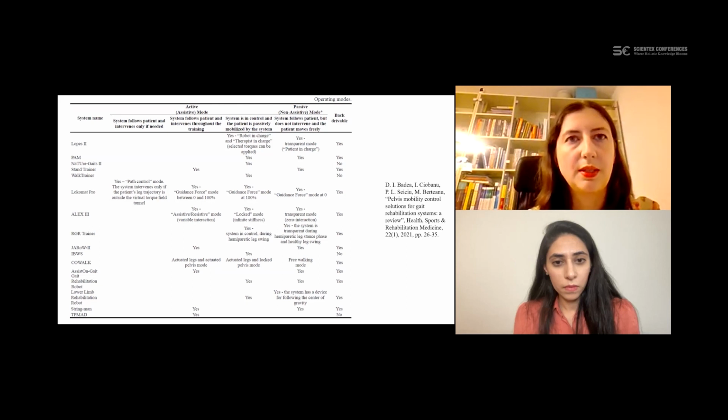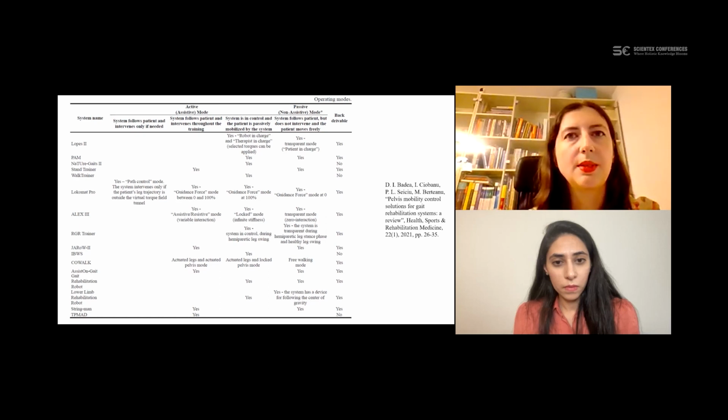A number of systems are not back drivable: Nature Gate 2, Walk Trainer, IBWS, and TPMAD. And 5 systems, Stand Trainer, 02, Assist On-Gait, Strongman, and TPMAD, do not provide the operating mode in which the robot is in control and the user follows the robot passively.